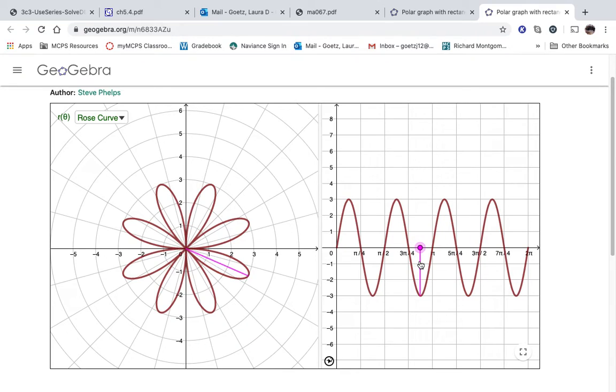And then when I go to an extreme, a min or a max, I'm at the length of one of my petals. Starting from 0, what kind of graph is this, sine or cosine? Right, this is a sine graph. Isn't that kind of cool?